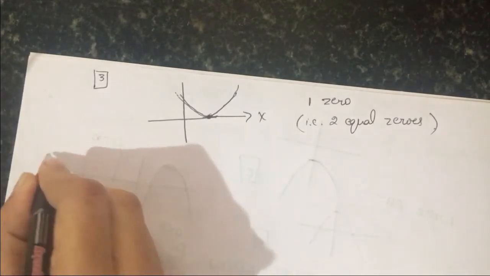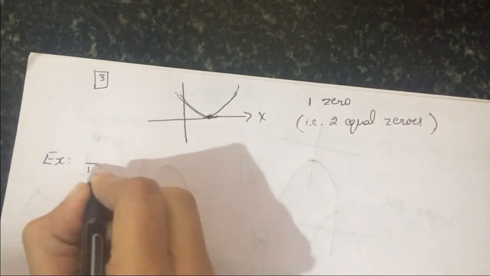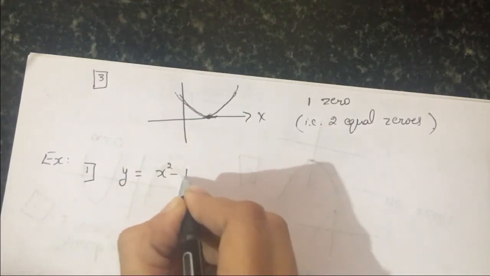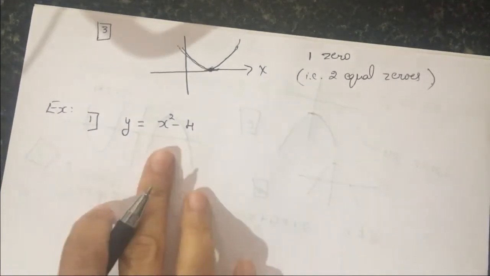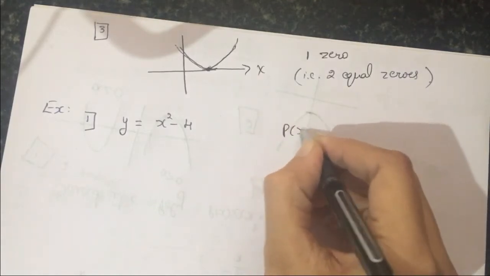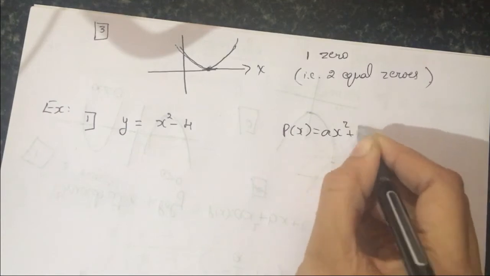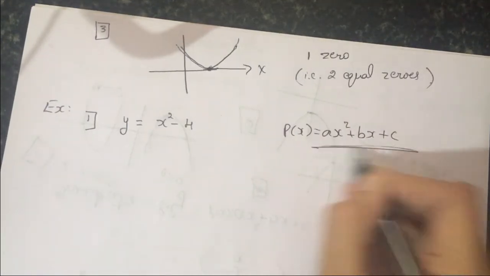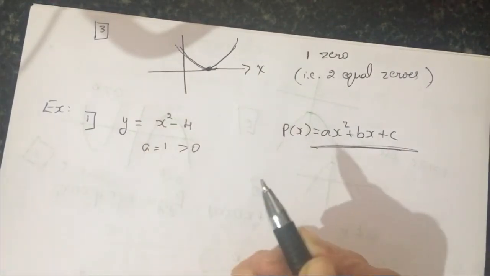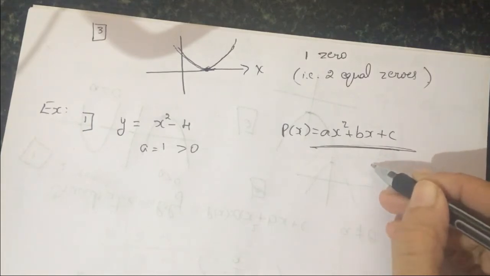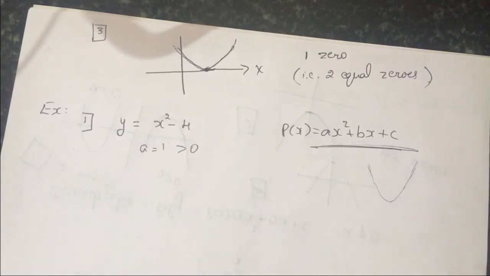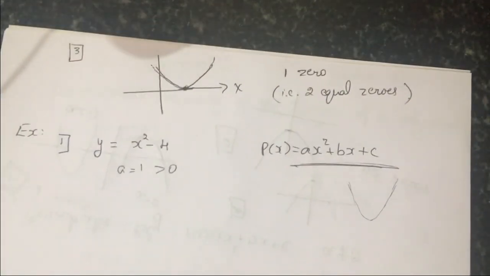Suppose I have the polynomial y equal to x square minus 4. Here in this case, what is the value of a? The general form of a quadratic polynomial is p of x equal to ax square plus bx plus c, right? So in this case, the value of a is 1. It is greater than 0. So your graph will look like this. But where exactly it is situated, we will have to draw.